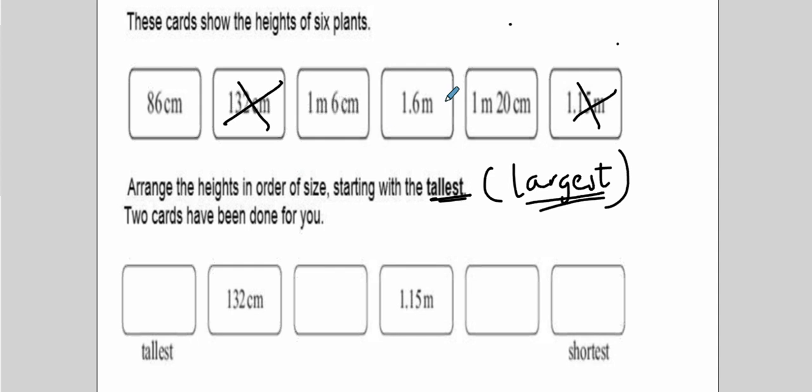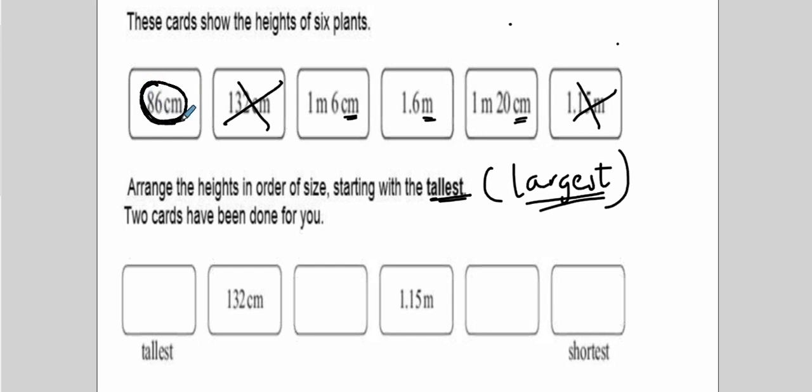Okay, what we do is we have this is centimeter, and this is 1 meter 6 centimeters, and this is 1.6 meter, and this is 1 meter 20 centimeters. So what we are going to do is change this 86 centimeters.